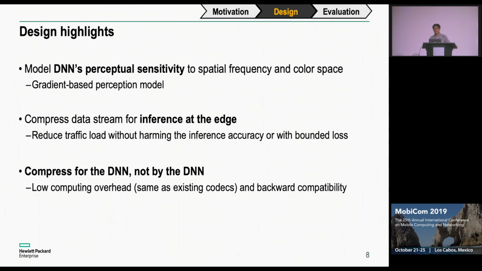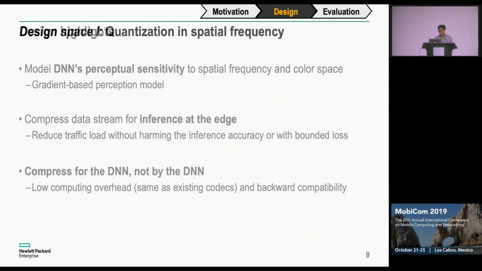Second, GRACE can help reduce the traffic load without harming the inference accuracy, or with bounded loss. Third, our solution compresses for the DNN, and we reuse existing compression codec frameworks like JPEG to achieve low computing overhead on the IoT device and good backward compatibility.